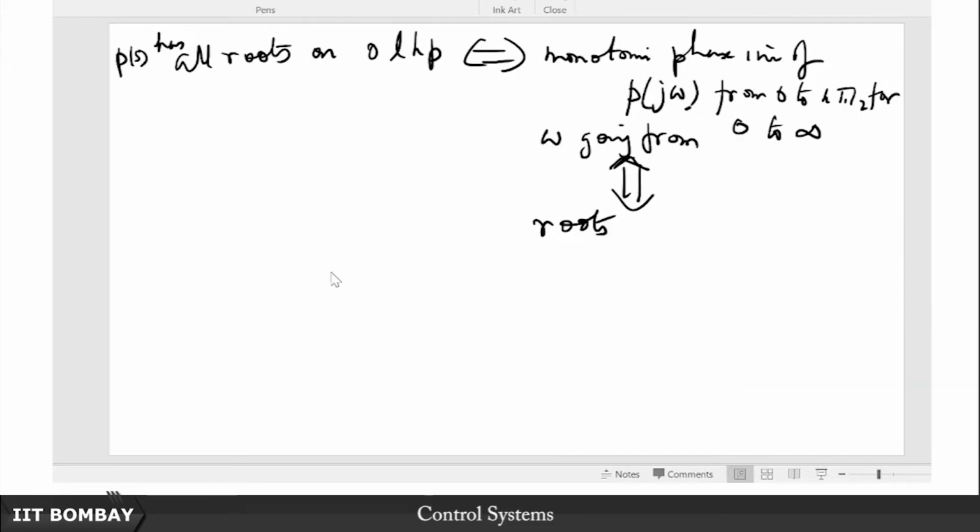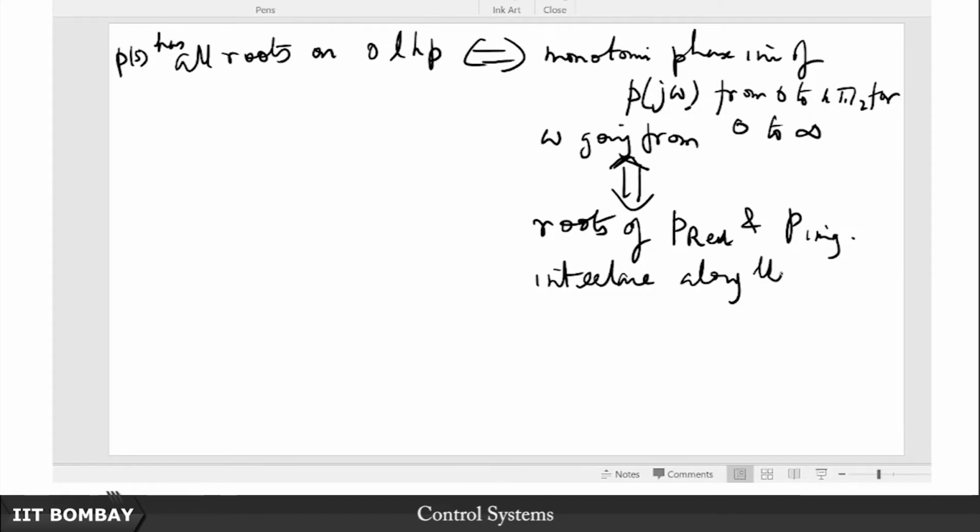So these are both-way arguments: the roots of P real and P imaginary interlace along the imaginary axis.